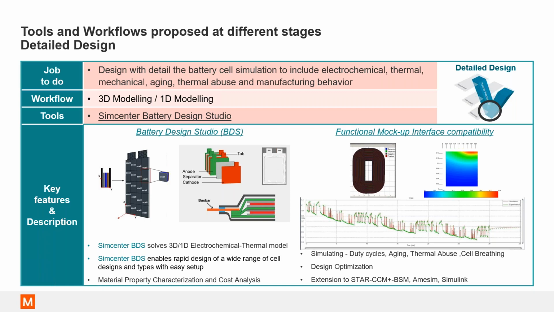You could also account for the mechanical aspect, such as the cell breathing for a stack-based cell, and aging. So there is physics-based aging and there is empirical-based aging. For the empirical-based aging, we're going to introduce a new feature in the upcoming release where we would be utilizing your test data to create a model which can predict.